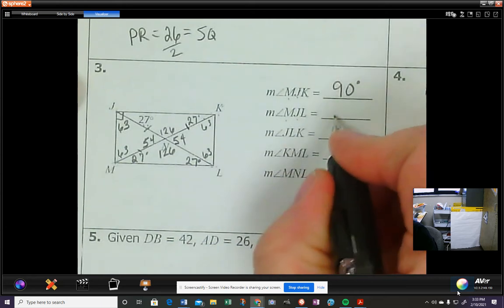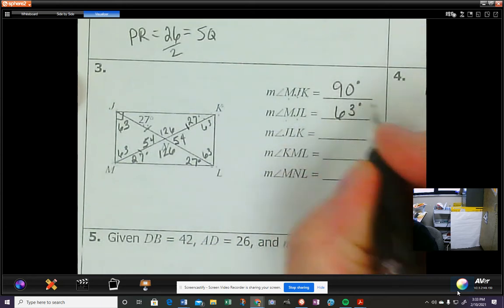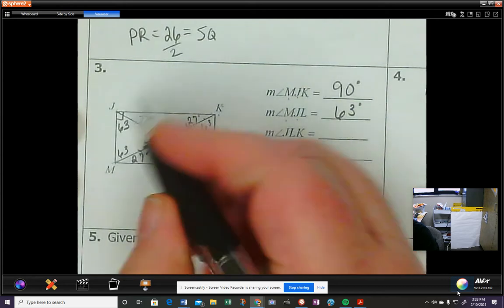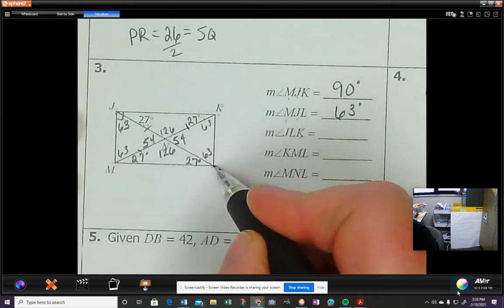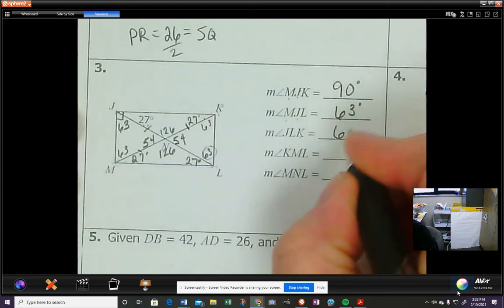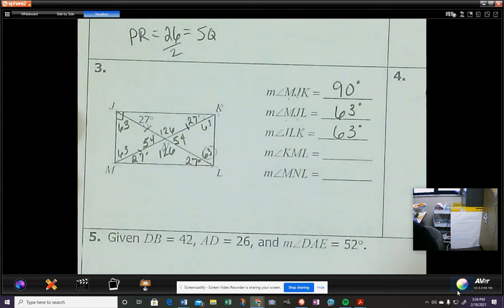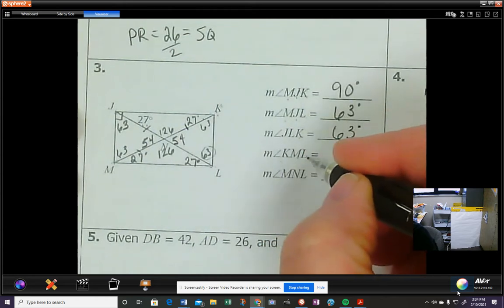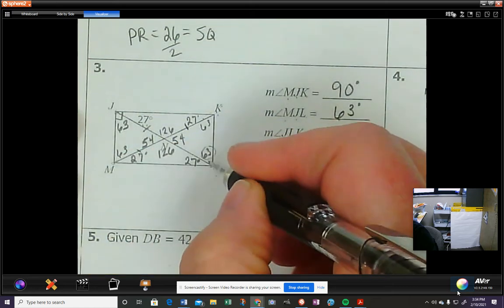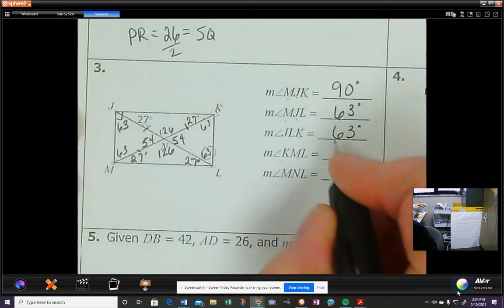We found that to be 63 degrees. JLK. That's this one right here, 63 degrees. KML is 27.